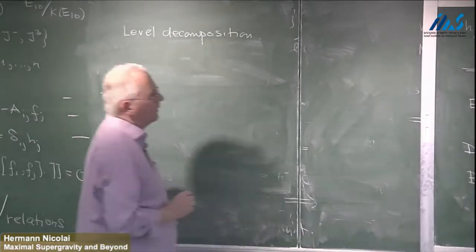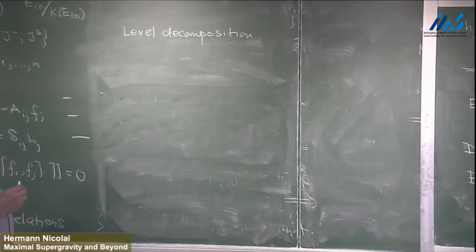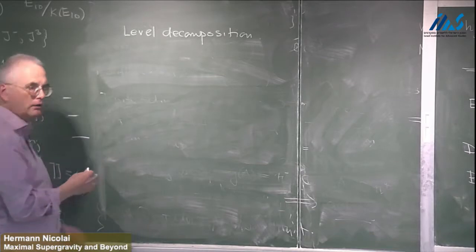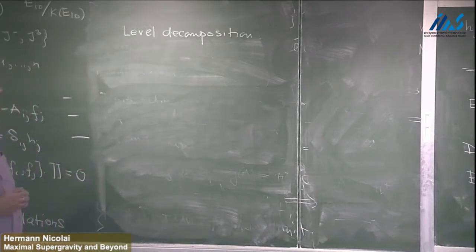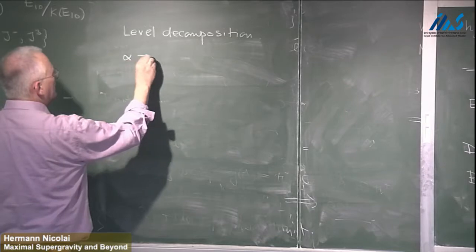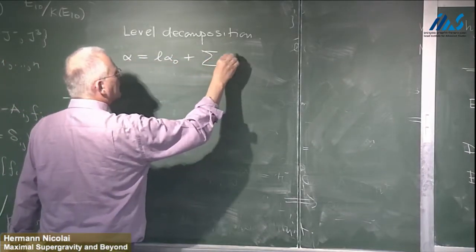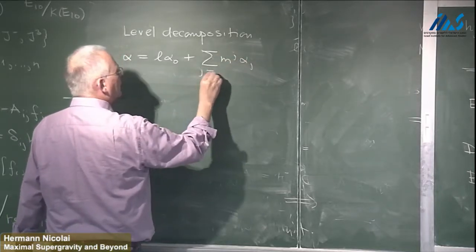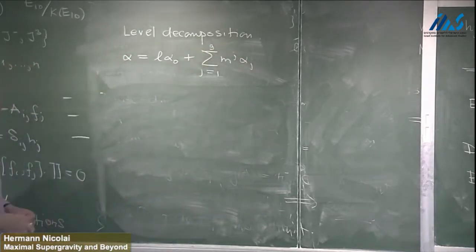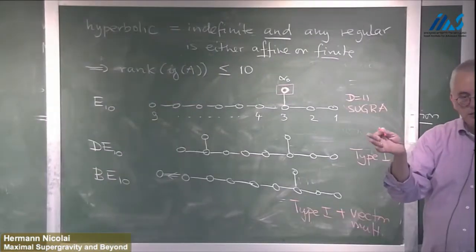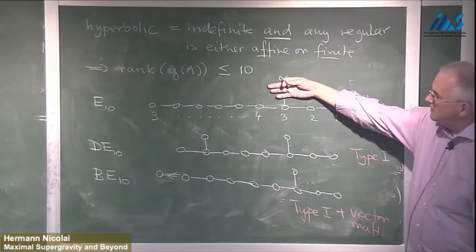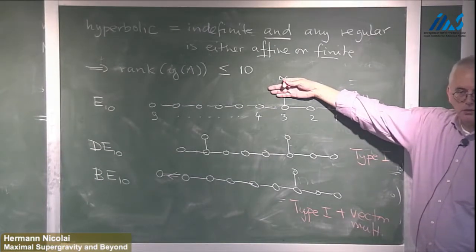Okay. One thing you can do is you can take any root of the algebra, and there will be certain Lie algebra elements associated with it, and decompose it into a basis of these other roots. That means you split off this root and give it a special status. And here the hyperbolicity is important, because if you take this away, you're just left with a finite dimensional algebra.